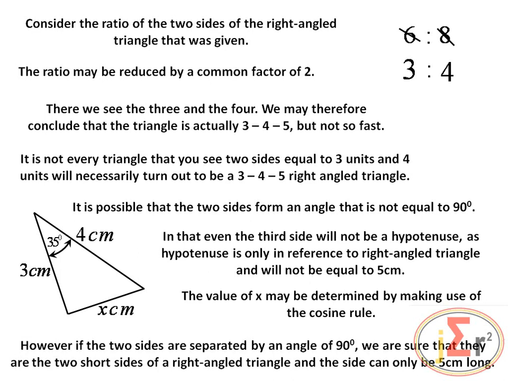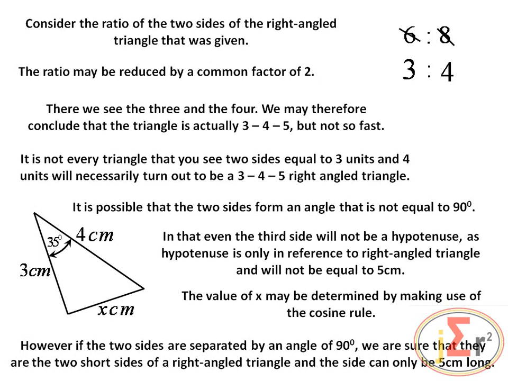Now, in short, if we have two sides of a triangle in the ratio 3 to 4, it does not follow that the triangle is right-angled. And it does not follow that the other side will be 5 units, or 5 units of the ratio.